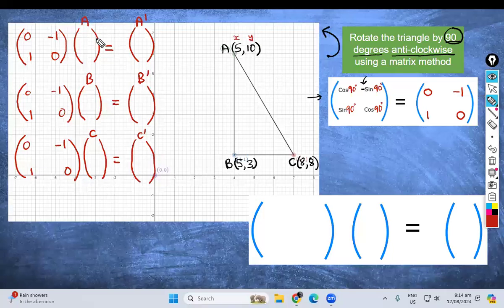But when it's time to multiply it, you put the X value on top and the 10 underneath. And of course, if you take this matrix and multiply by point A, you will get A prime. That's the position where A will move to. Anybody got this? Minus 10, positive 5? Anybody can agree with that answer?